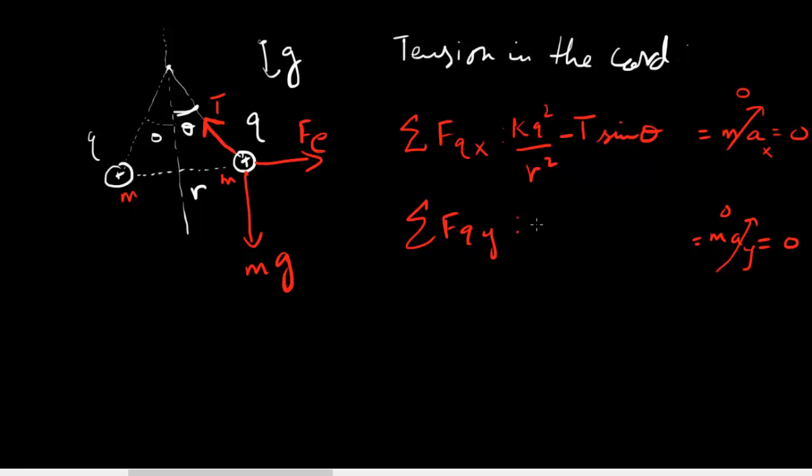In the y direction you would have mg minus T cosine theta equal to 0. Cosine, because that gives you the adjacent side, the vertical component of T that we need in this problem. The y component of T is here, the x component of T is here. So that's what's happening in this problem.